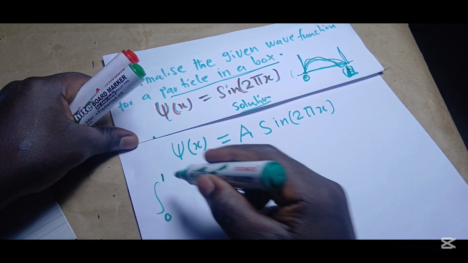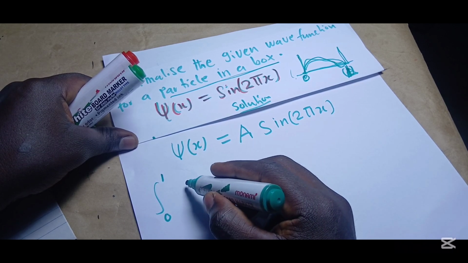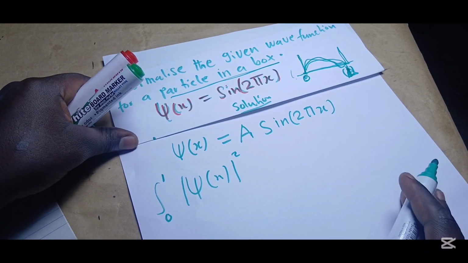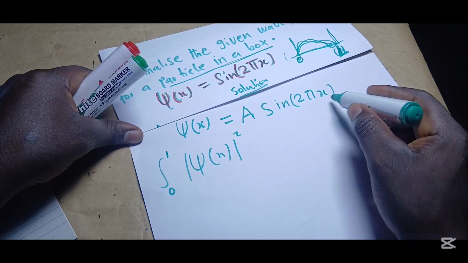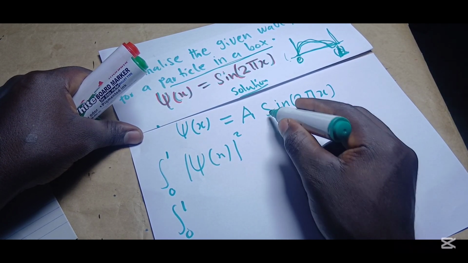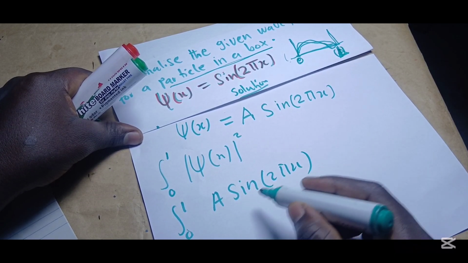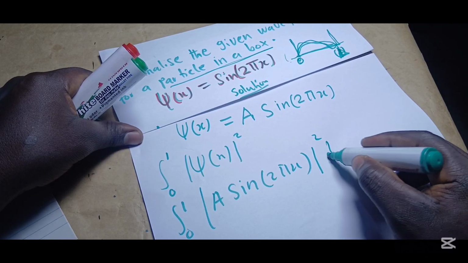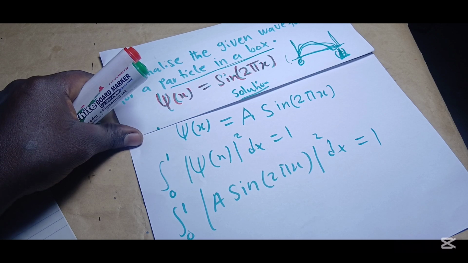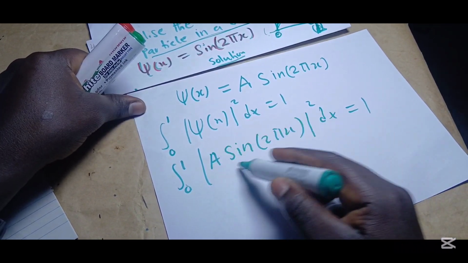So from 0 to 1, we are integrating psi of x absolute squared. And this is the same as integral from 0 to 1 of A sine 2 pi x all squared dx, which should be equal to 1. So now let's simplify the expression.